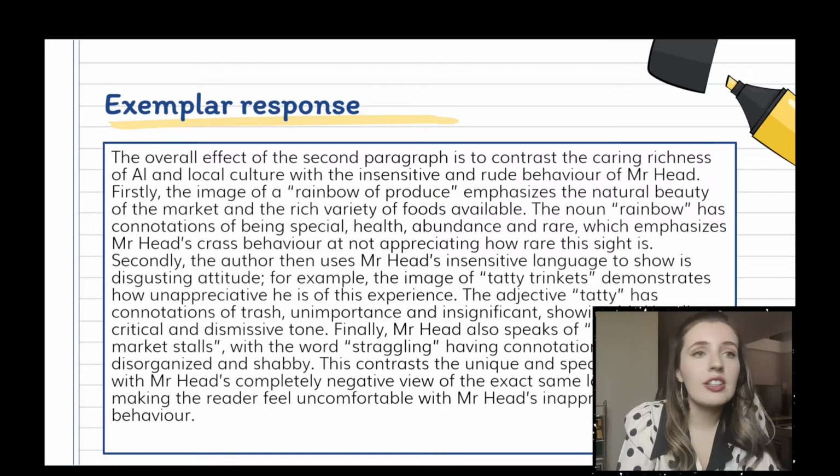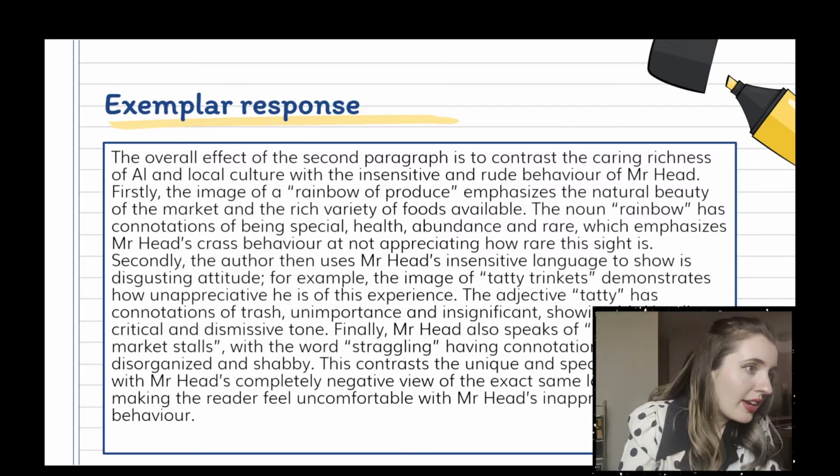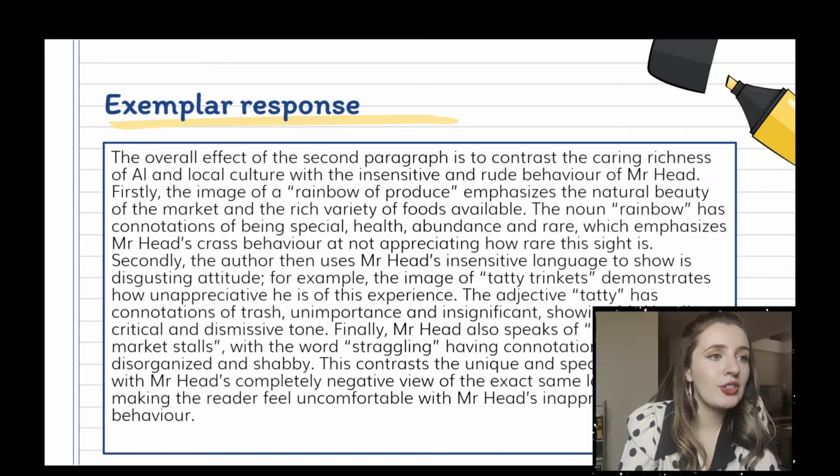So there's my overall effect sentence. Firstly, the image of a rainbow of produce emphasises the natural beauty of the market and the rich variety of foods available. The noun rainbow has connotations of being special, healthy, abundance and rare, which emphasises Mr. Head's crass behaviour at not appreciating how rare this sight is.